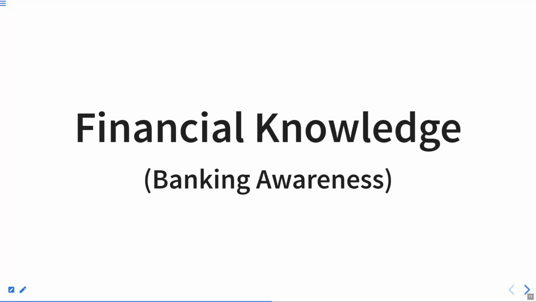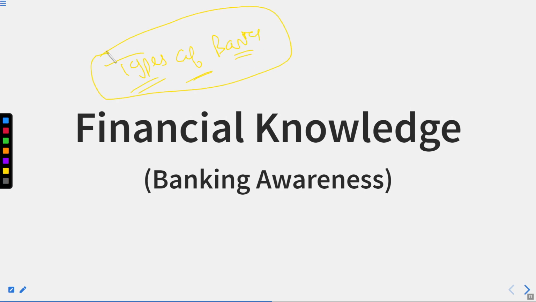So students, as we know, we are covering the financial knowledge and banking awareness part, and we had started a discussion over the topic of types of banks. This is the topic we have been discussing since the last few lectures, and so far we had discussed two types.